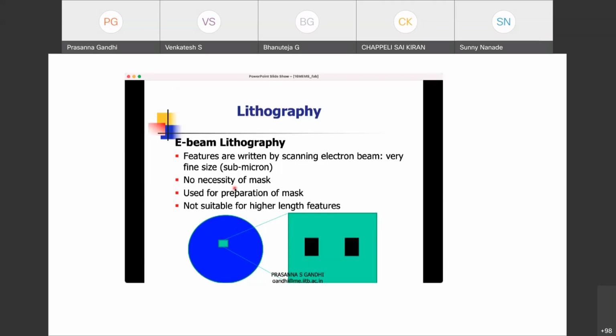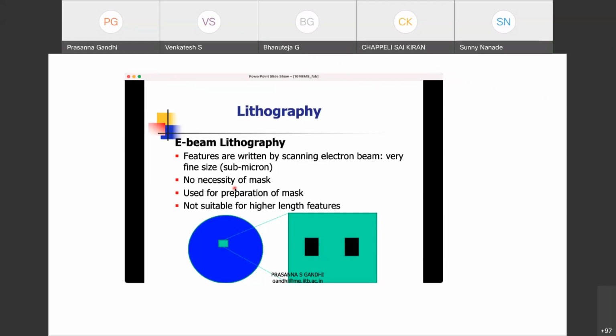They are used as masks in the mask aligner machines. So based on the dimension, you can have different possibilities for masks to be prepared, or rather, to be used.